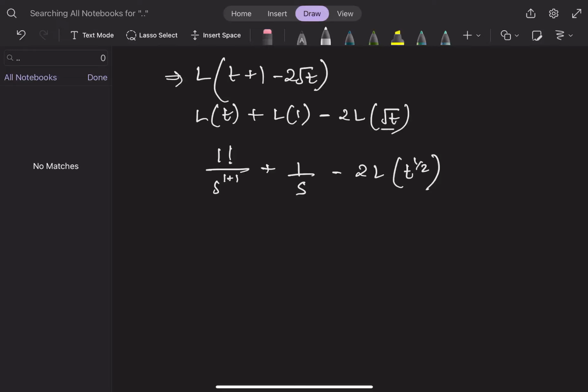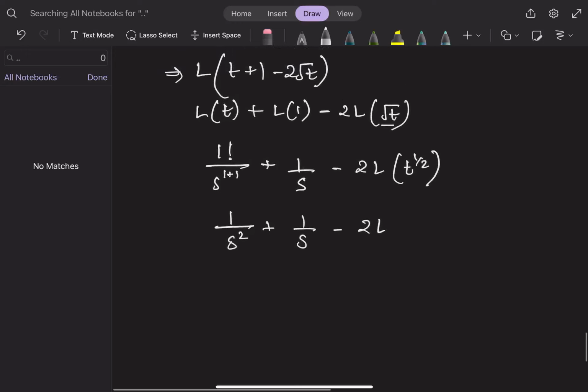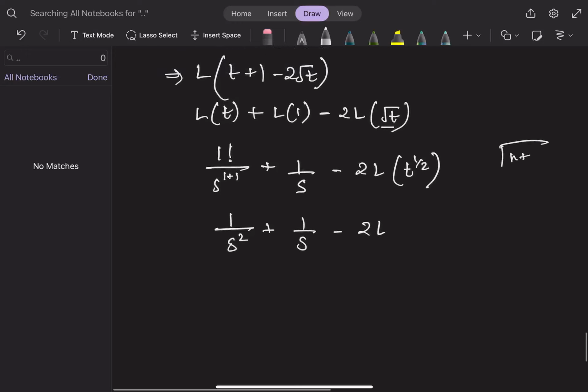Now we do not know half factorial, but we do know the gamma function. If you guys do not know the gamma function, you can refer to the other videos I will be making in the calculus playlist. For right now, I'll just tell you the answer. This is 1 upon s square plus 1 upon s minus twice Laplace of t to the half. The formula was gamma of n plus 1 divided by s raised to n plus 1.